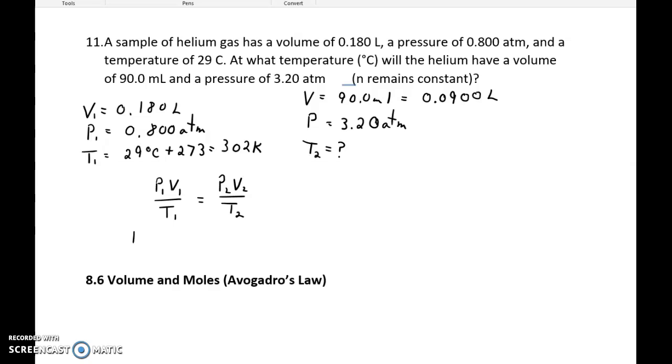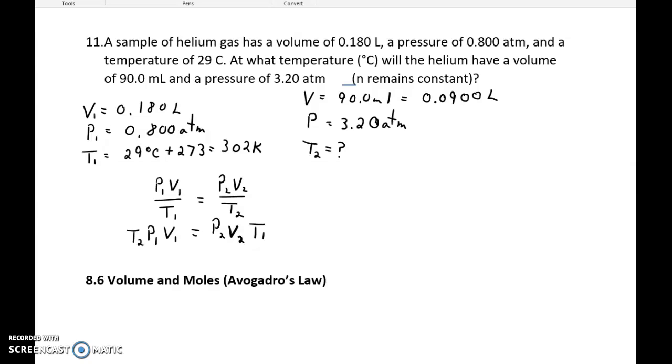So we'll put T2 P1 V1 is equal to P2 V2 T1. All I've done is cross-multiply and gotten the variable that I'm interested in off the bottom, because it's very difficult to solve it that way.